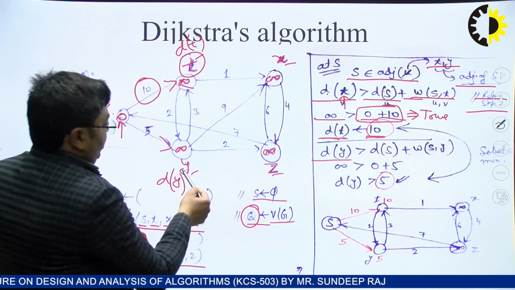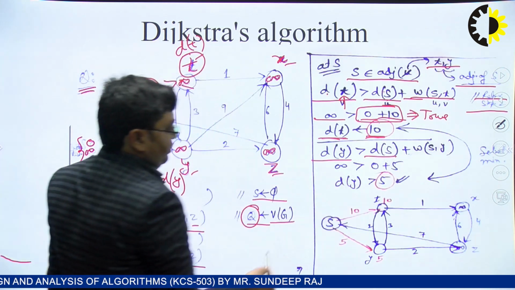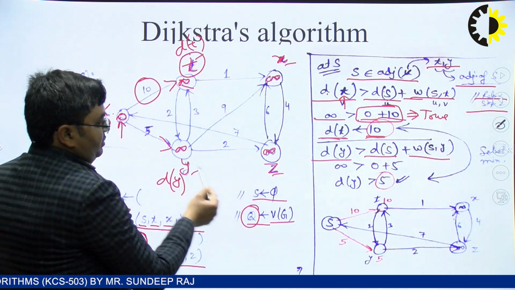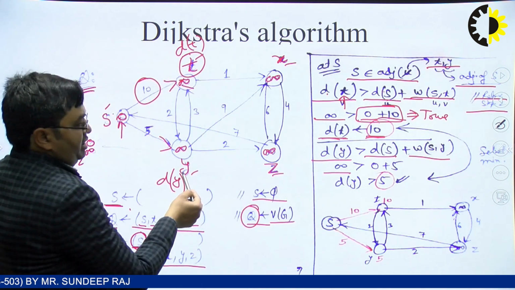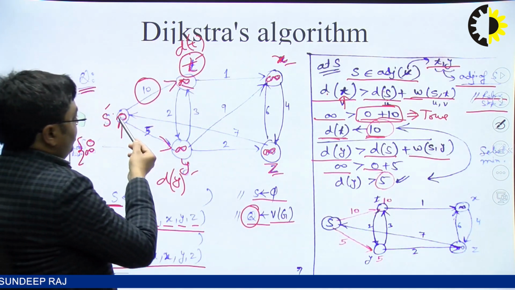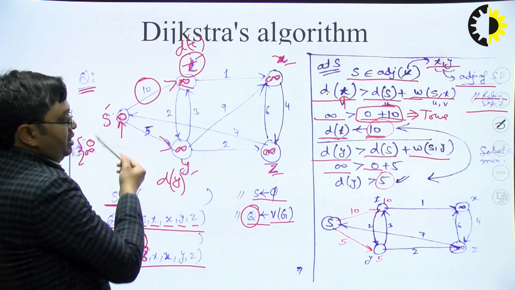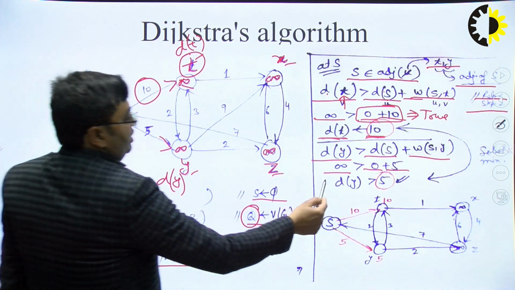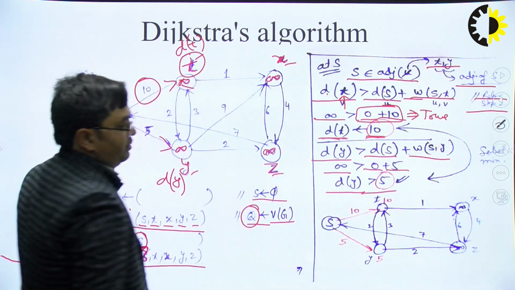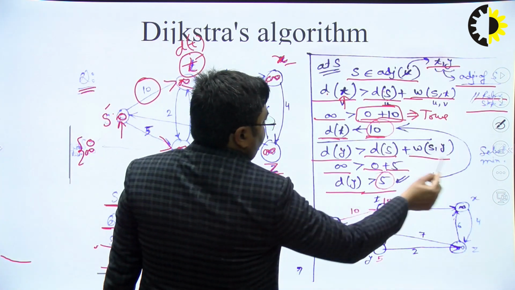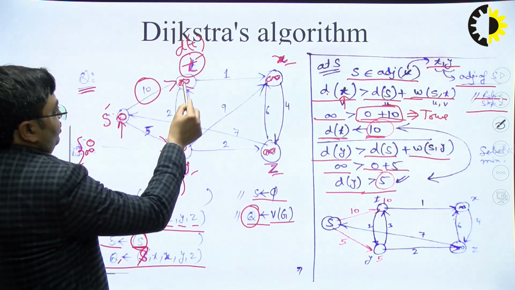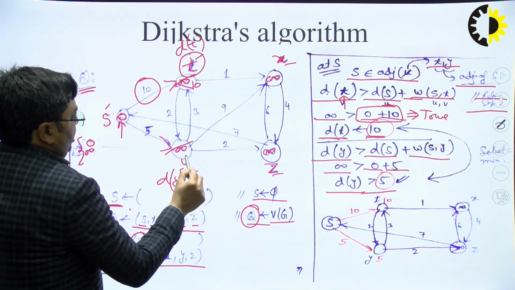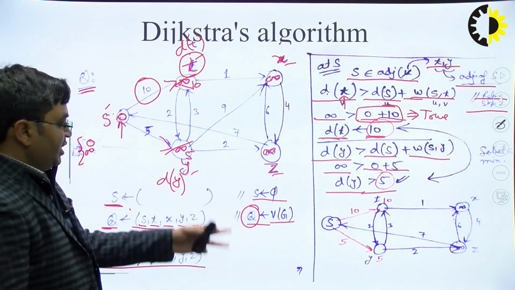Similarly for dy, we take ds plus w of s comma y. dy was initially infinity, ds is 0, and w of s comma y is 5, so dy is greater than or equal to 5. Now we have two values: for reaching t we have 10, and for reaching y we have 5.